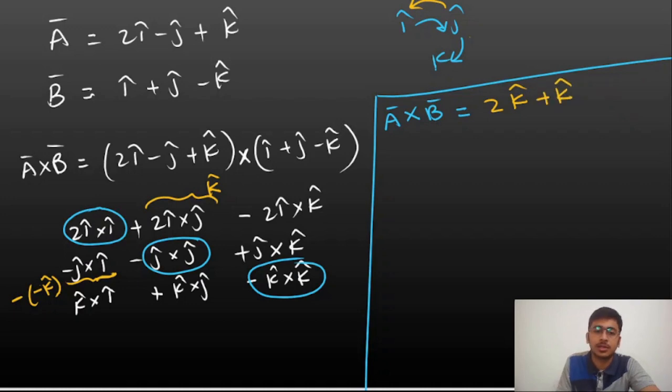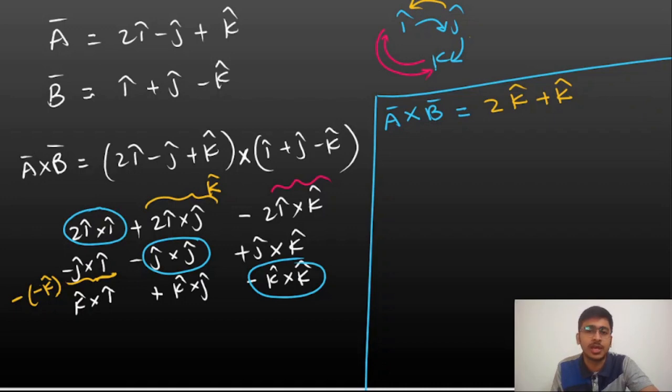This is done. Then what is i cap cross k cap? We are again going in the reverse direction, so it will give me minus j cap. i cap cross k cap is in the reverse direction. Also k cap cross i cap is okay, because it is in the forward direction, the preferred direction.